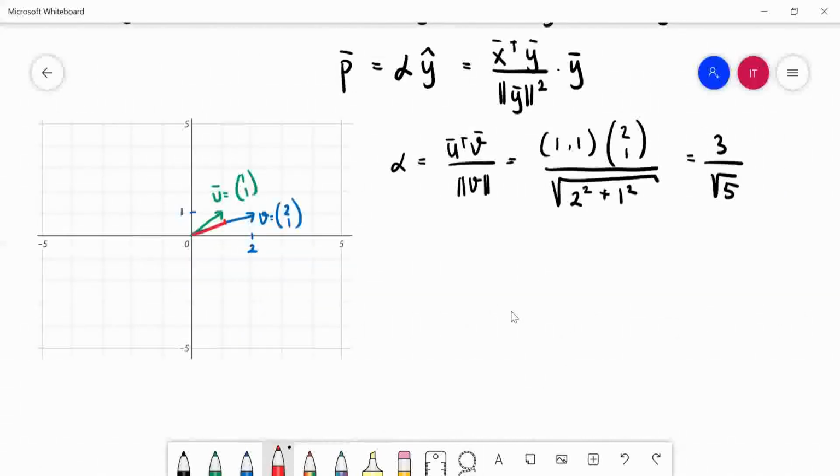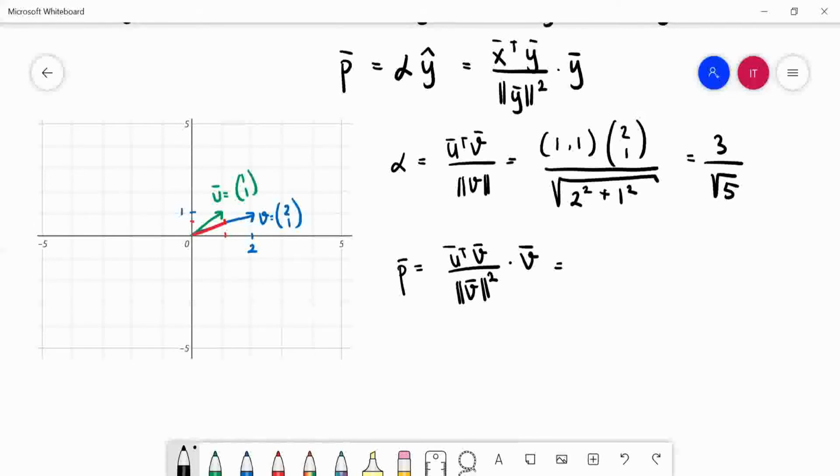To know exactly what this point is, we can use the vector projection, which is u transpose v divided by the length of v squared, and then v itself.